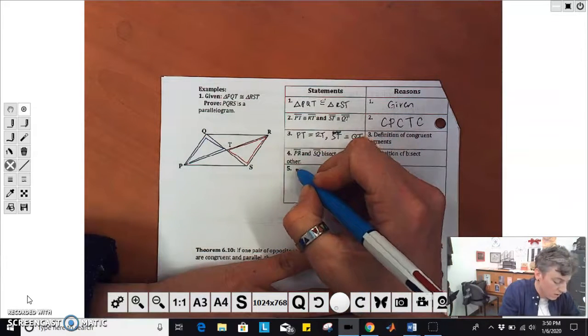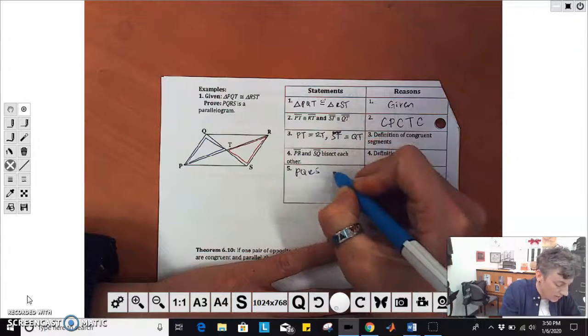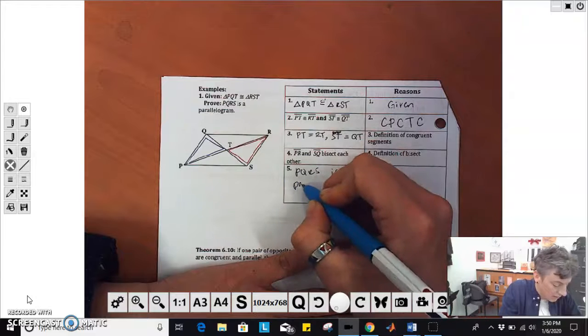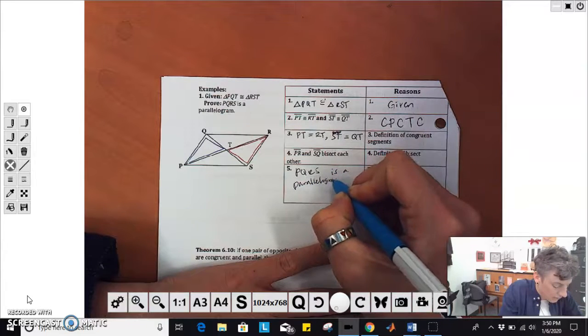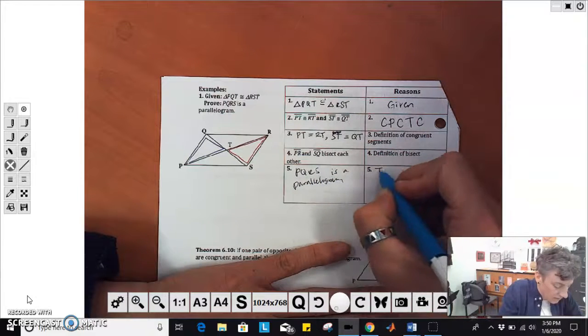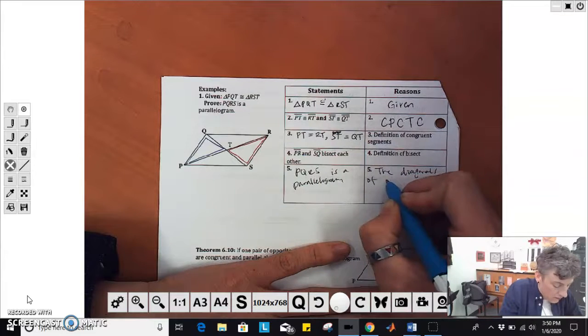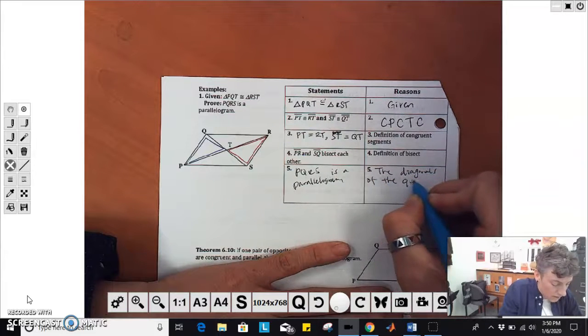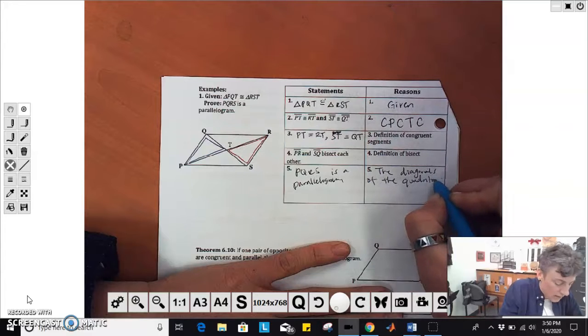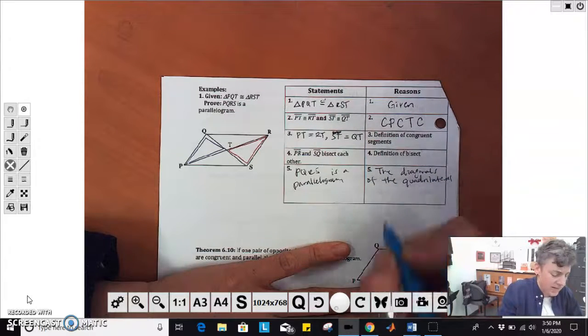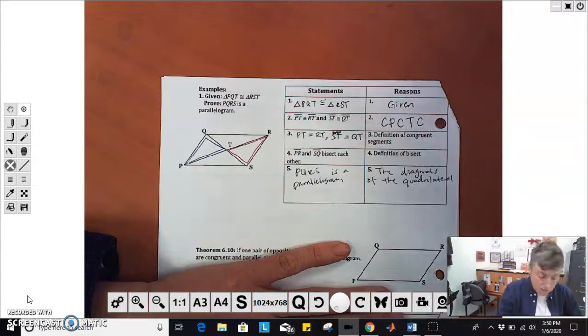So now we know that PQRS is a parallelogram because the diagonals of the quadrilateral, that's an L there if you didn't know, the diagonals of the quadrilateral, what do they do? They bisect each other.